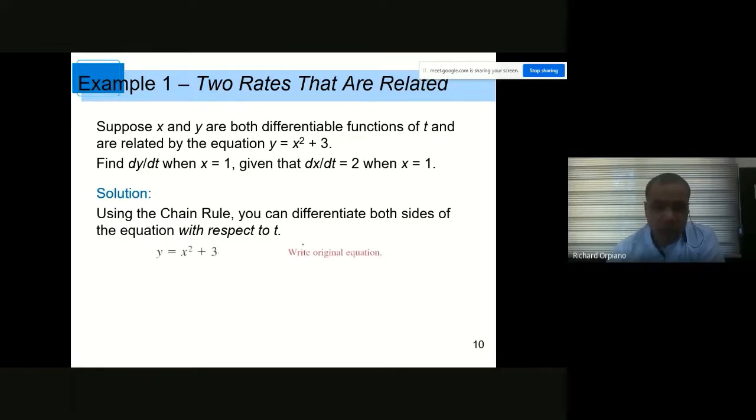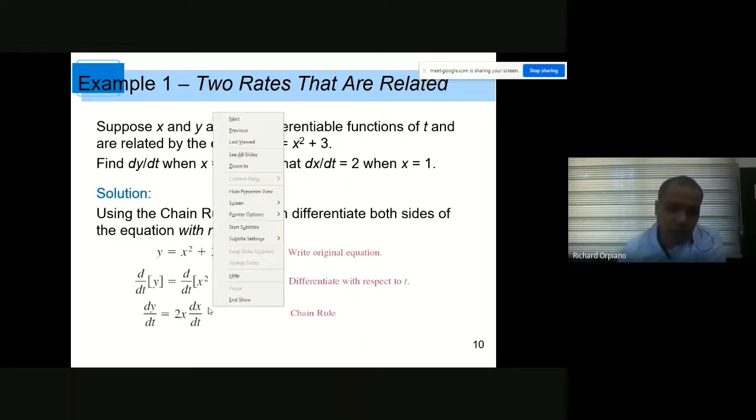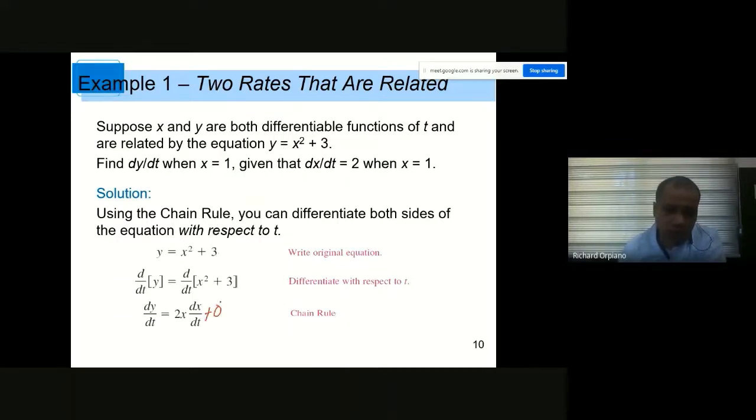First, yung original equation, y is equals to x squared plus 3. Then, derivative ni y is equals to derivative ni x squared plus 3. Eventually, makakancel si 3. Technically, wala nang plus dahil dun sa 3.